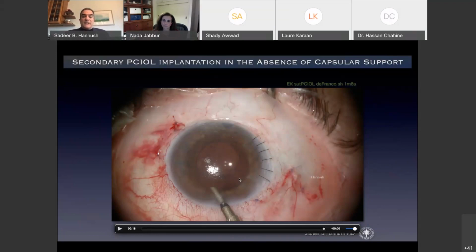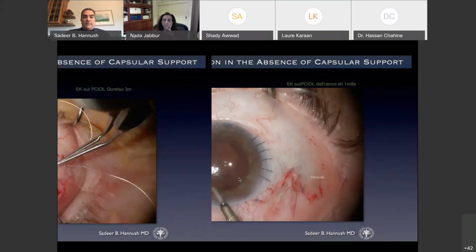If the eyelet is not smooth, depending on the lens you use, it can also cheese wire through the sclera. But my argument over the past 30 years is that if that were to happen, Dick Lindstrom used to say it happens on the average at the 15 or 16-year mark, they would have had a decade and a half of CME-free, glaucoma-free, UGH syndrome-free vision. And if the lens dislocates, as you will see in a later video, you can always refixate, as opposed to making that an argument to suture to the iris or to put an anterior chamber implant.